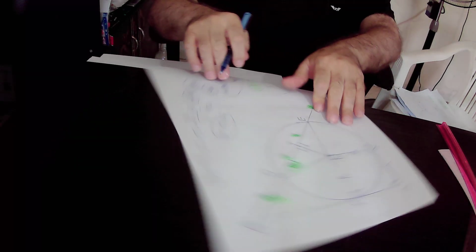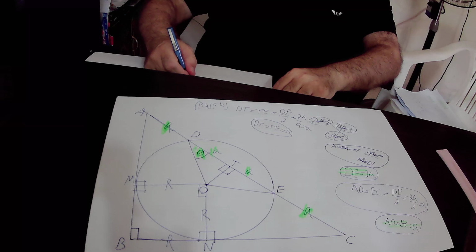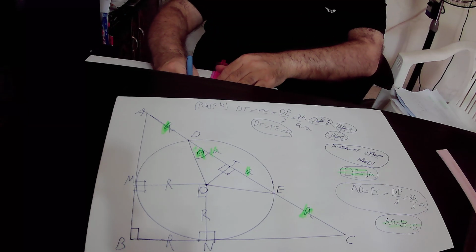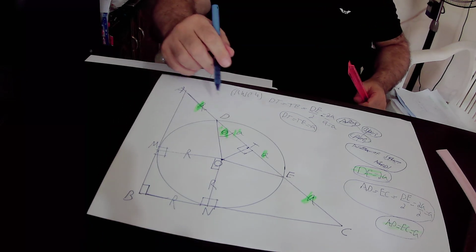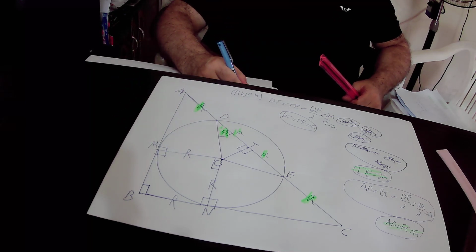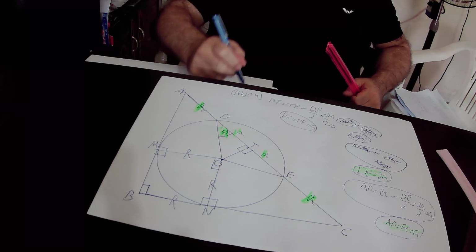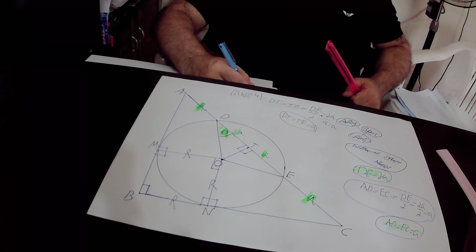Likewise, according to the same rule that the opposite sides of a rectangle are equal to each other, we will get that ON equals NB, but ON equals R, according to what we have already found out.